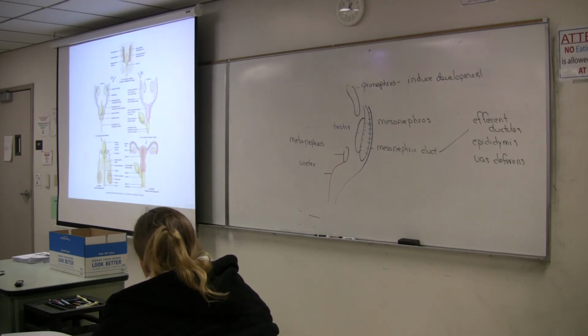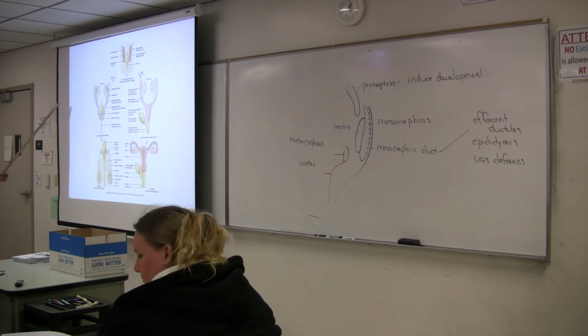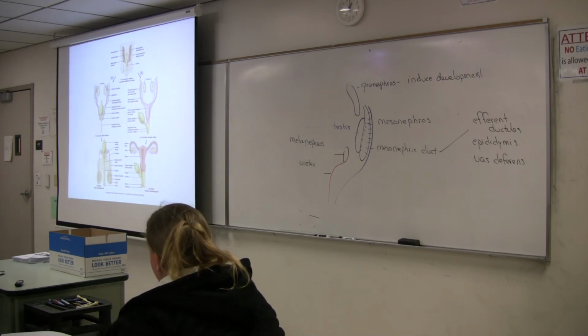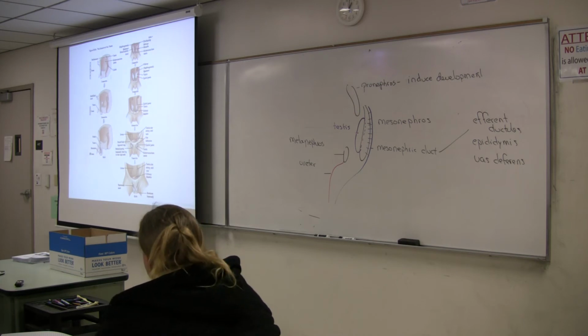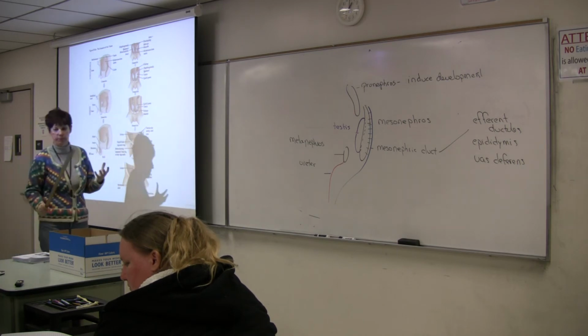All right, so here's a diagram that you have in your lecture notes showing the formation of the male structures. And then this diagram shows the movement of the testes down the posterior aspect of the abdominal wall. There is a band of connective tissue.